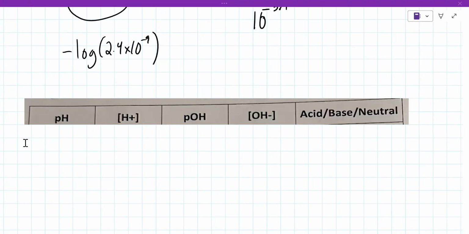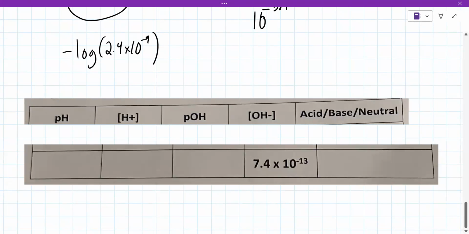The hardest ones are probably going backwards with the logarithm, because you have to do both calculations after you find the pOH. Then you have to find the pH.